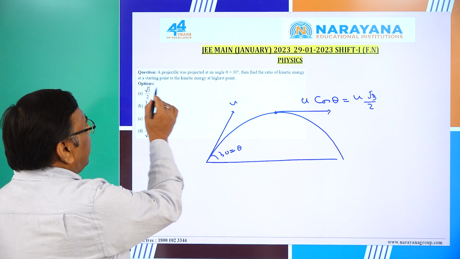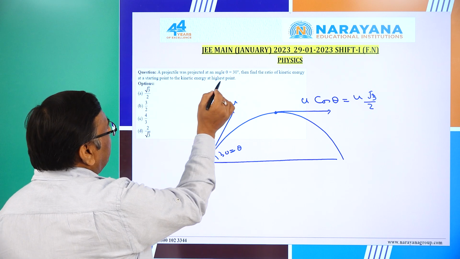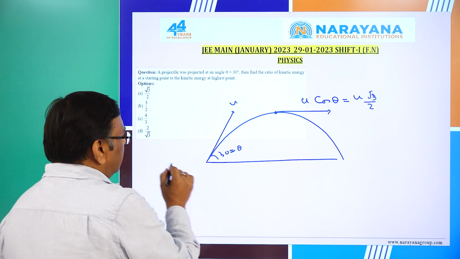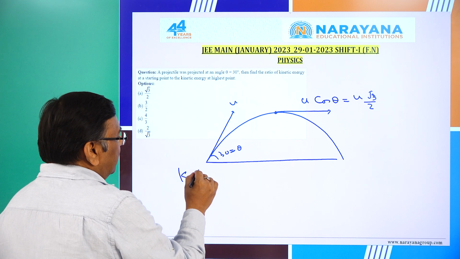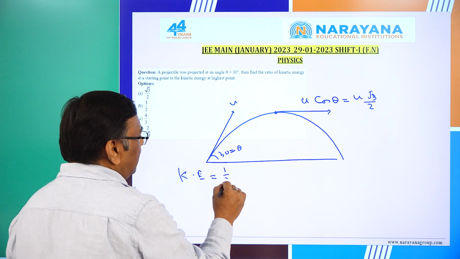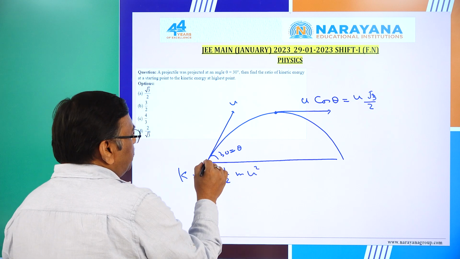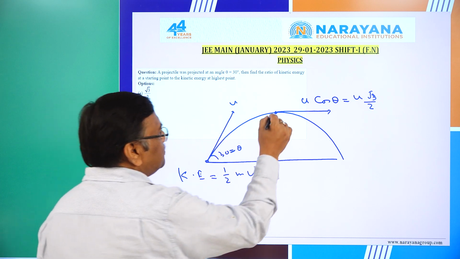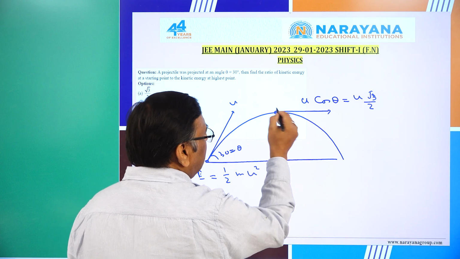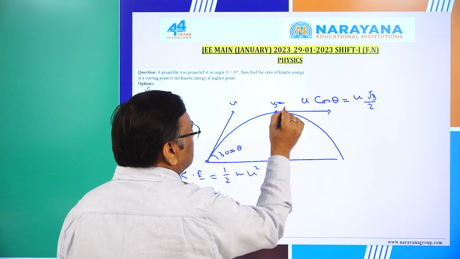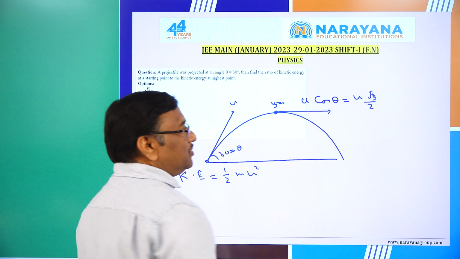Now as he is asking the kinetic energy at the lowest point and at the highest point, kinetic energy, as we know very well, is equal to half m into speed squared. Speed at the point of projection is u, and at the highest point, as the vertical component of velocity becomes 0, the total velocity is only u root 3 by 2.